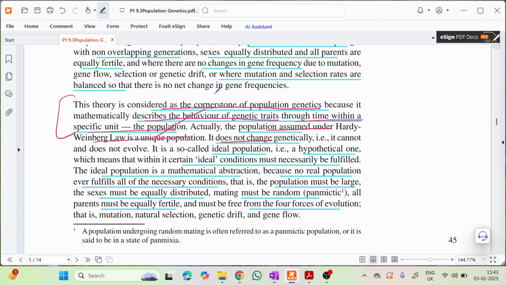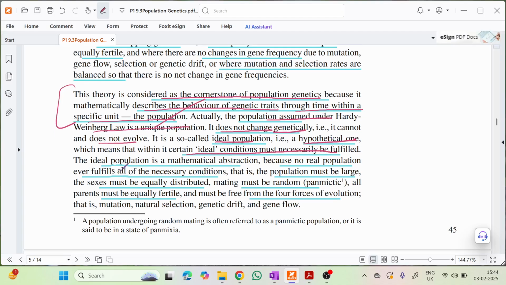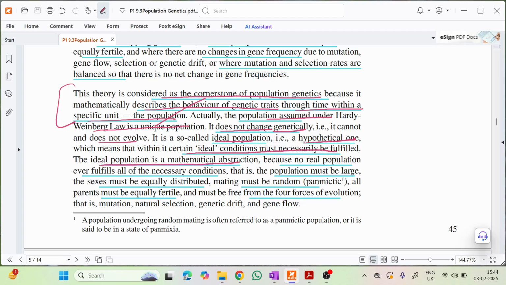So we can say it's a unique population because it does not change genetically, it does not evolve, it's an ideal population or hypothetical one, which means that within it certain ideal conditions must necessarily be fulfilled. So this ideal population is a mathematical abstraction because no real population ever fulfills all the necessary conditions.